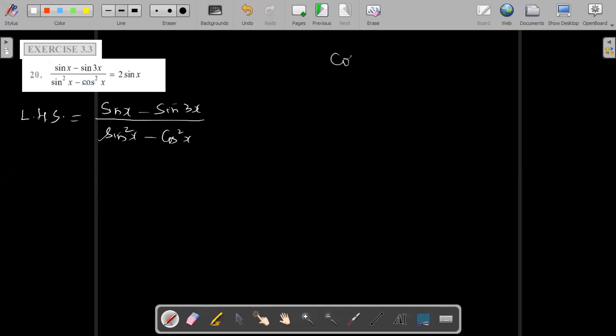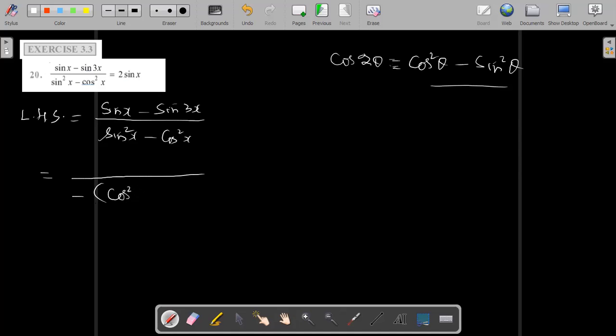You remember cos 2 theta, whatever the angle, is cos square theta minus sin square theta. Cos square a minus sin square a. So this is the opposite of this one. If you see the right hand side, we can take out a common negative sign. This will become cos square x minus sin square x.